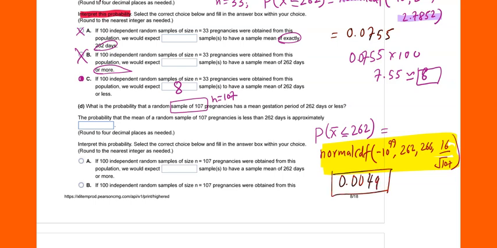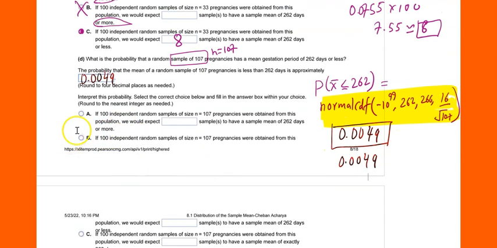And for D, your probability is going to be 0.0049. To interpret that, you multiply by 100. Why do you multiply by 100? Because we choose 100 independent samples.